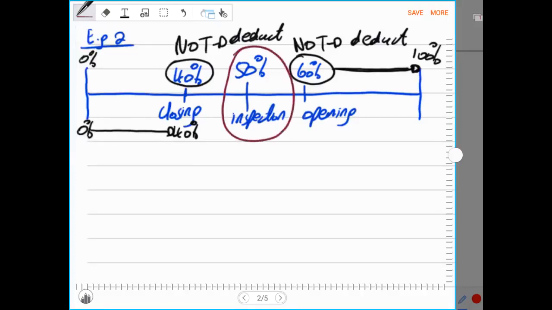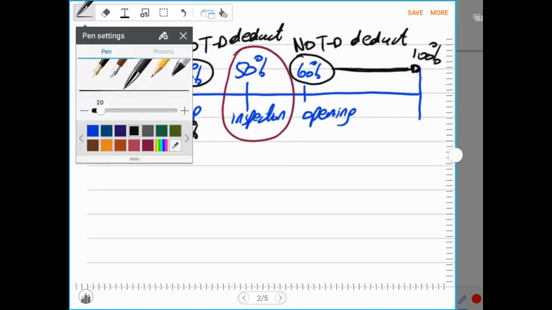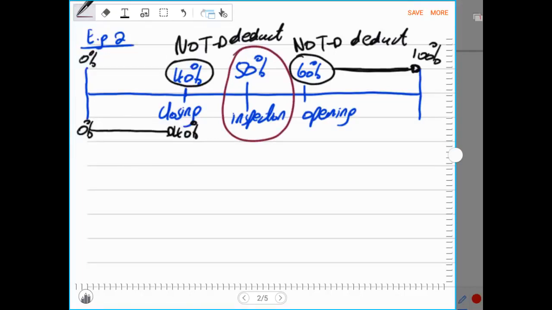Both of them did not pass. Here I have my black pen that I'm using from 0% up to a given percent. It did not pass the point of inspection. From a given percent in terms of closing, which is 60%, up to the total of 100%, both of them will not go through the point of inspection.